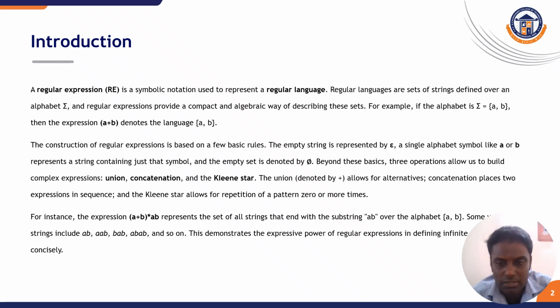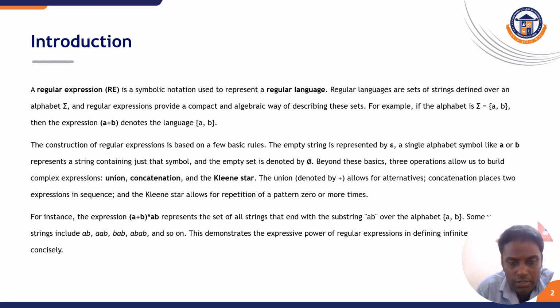Beyond these basics, operations are allowed to build more complex expressions. We have a few operations, but the important operations that we are going to perform are union, concatenation and Kleene star. The union is denoted by the plus symbol and allows alternation, concatenation places two expressions in a sequence, and the Kleene star allows for representation of patterns repeated 0 or more times.